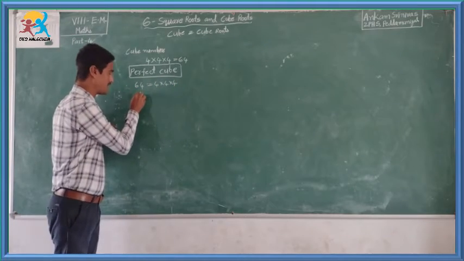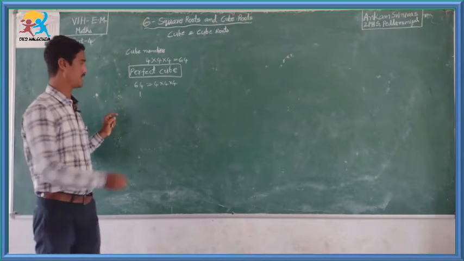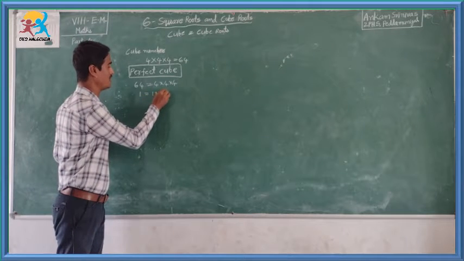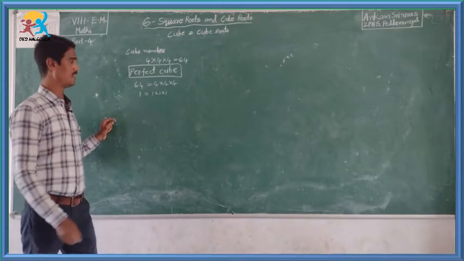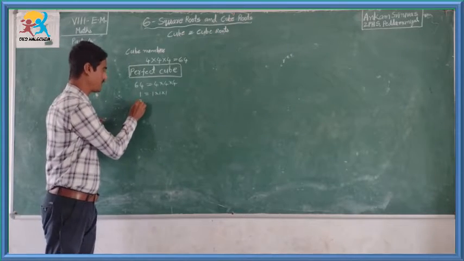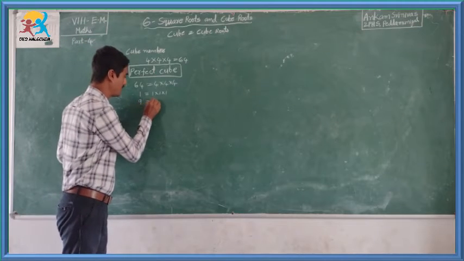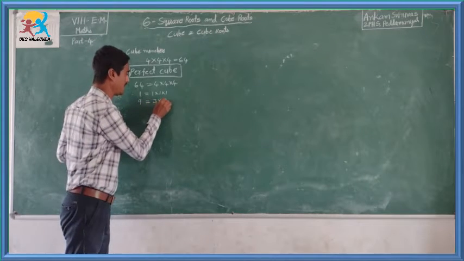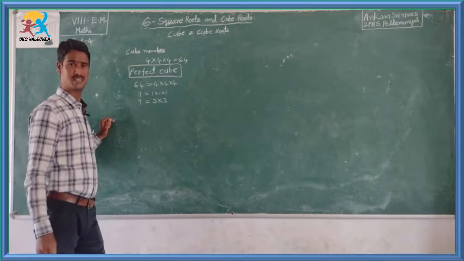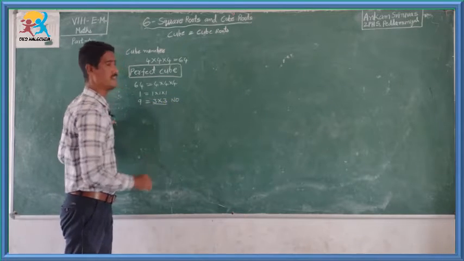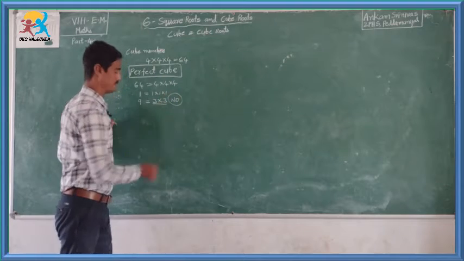Is 1 a perfect cube? Yes, because 1 can be written as 1 into 1 into 1. Is 9 a perfect cube? No, because 9 cannot be written as a product of 3 same numbers; we can only write 3 into 3. So it is not a perfect cube.